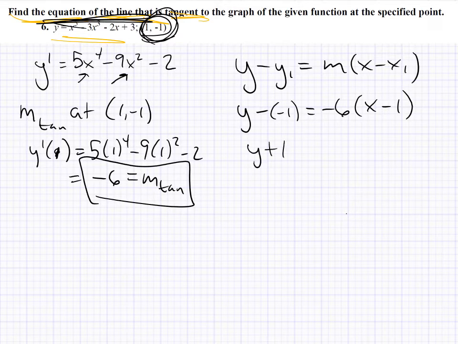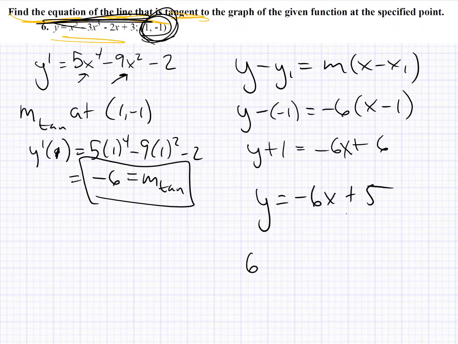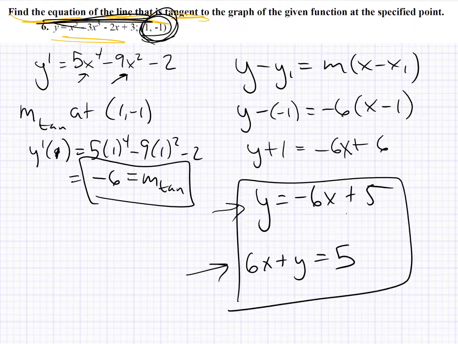So we get y plus 1 equals negative 6x, sorry, plus 6. Move some terms around here. You could write this as y equals negative 6x plus 5. You could write this as 6x plus y equals 5. I mean, different ways to write the equation of a line, slope-intercept form, standard form. I don't really care. You should be able to do both very easily.